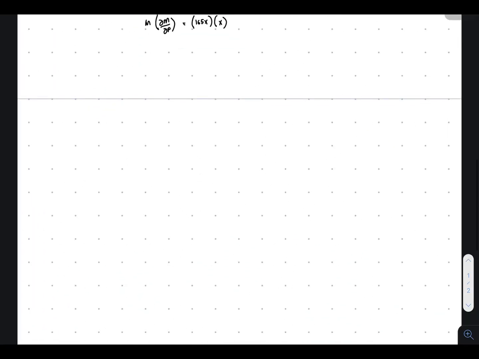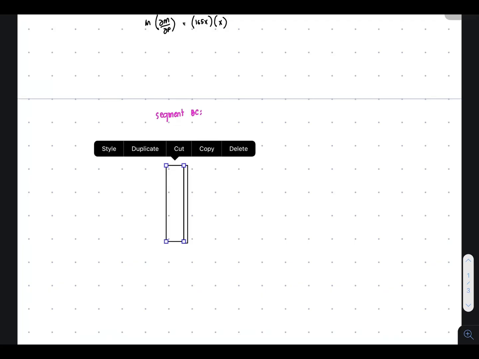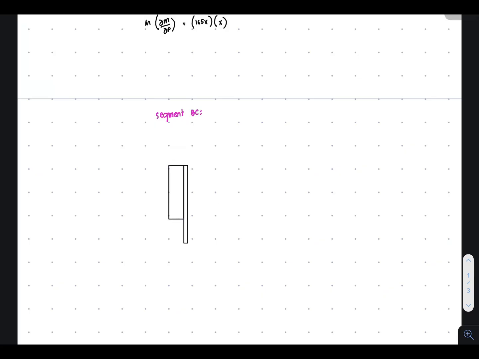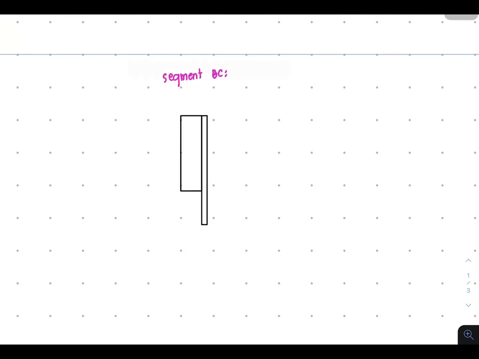For segment BC, we have this portion, and do not forget that this is now the cutting, and this is 1 meter here from A to B. At the point of cutting there is moment, in the same direction since we're considering the lower portion.